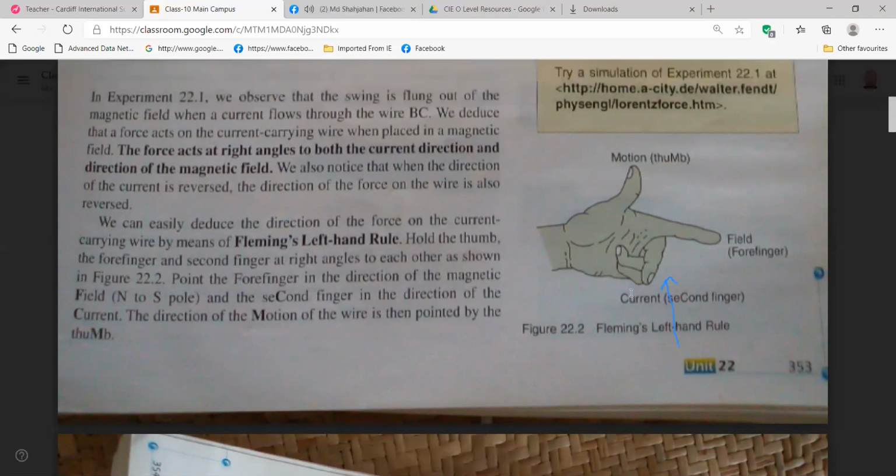Then what happened? What did we see? If we reverse the direction of magnetic field and current together.